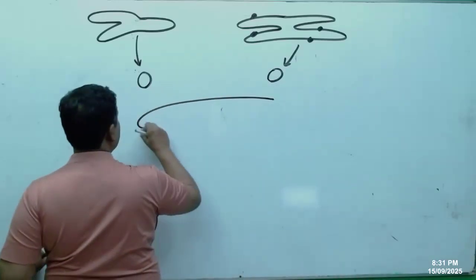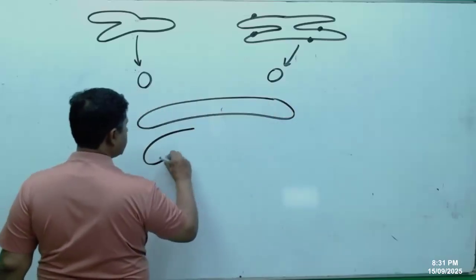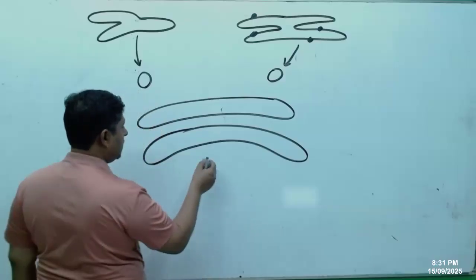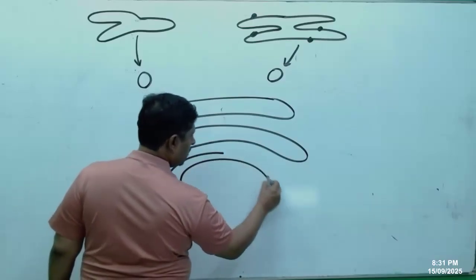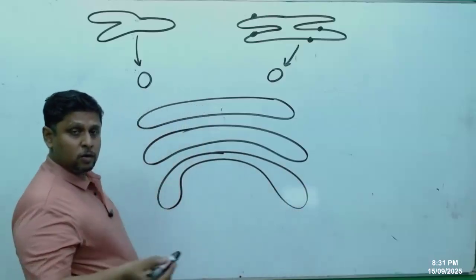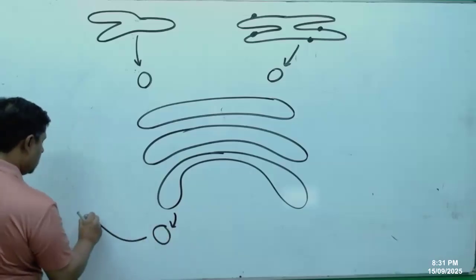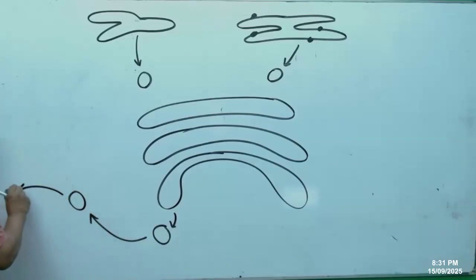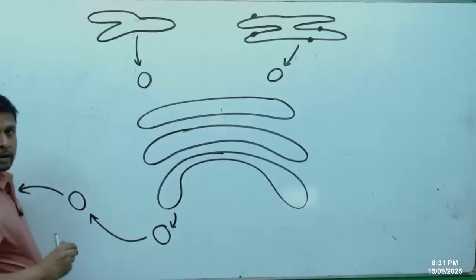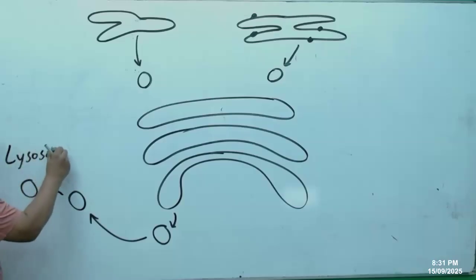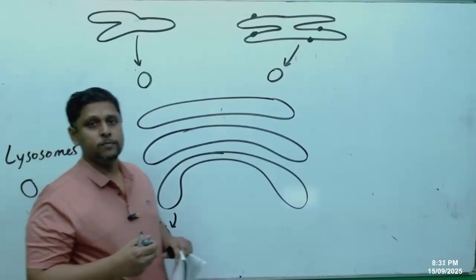So they come and build up the Golgi cisternae. Then Golgi makes vesicles. Some of these Golgi vesicles transform into lysosomes.